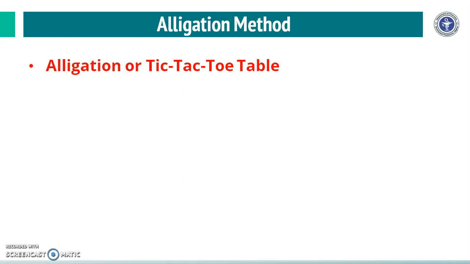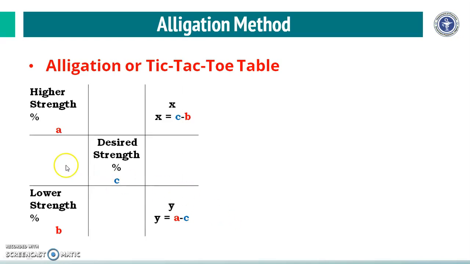The alligation or tic-tac-toe table is important in the alligation method, and this table looks like this. Here in the upper left hand corner, you can write the higher strength. So this is a tic-tac-toe table, two vertical lines and two horizontal lines.